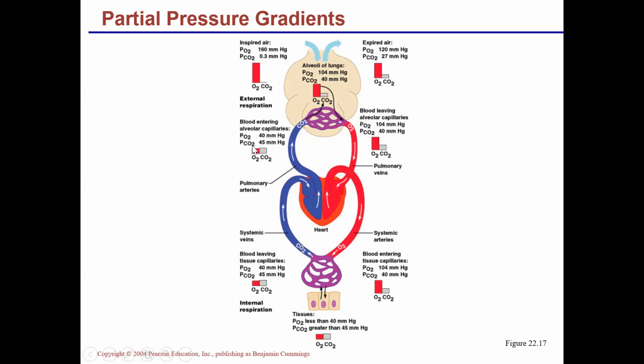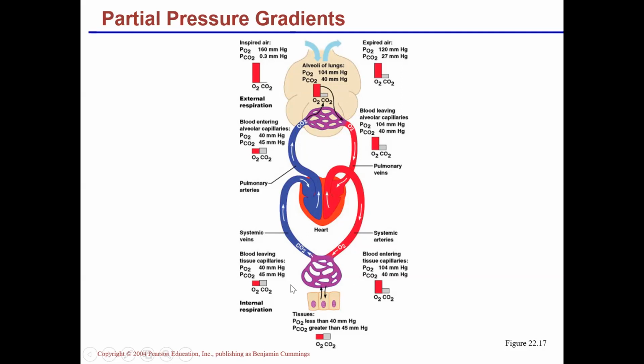Same principle, if you look at the CO2 in this oxygen poor blood, it's 45, and in the air sac it's about 40. So the CO2 will move from the blood to the air sac. So this is external respiration.